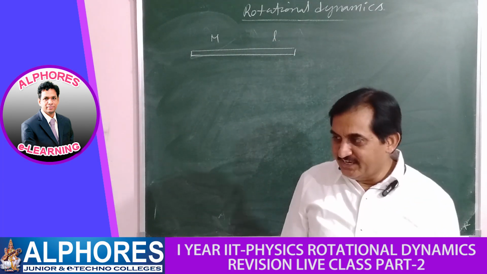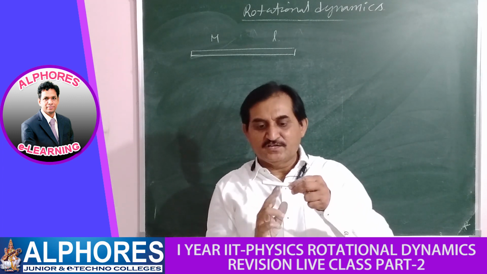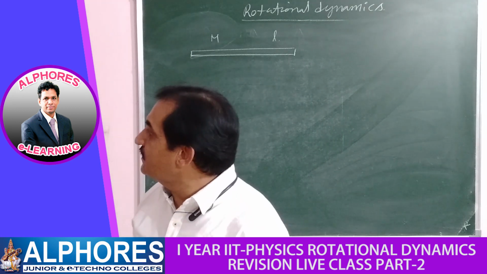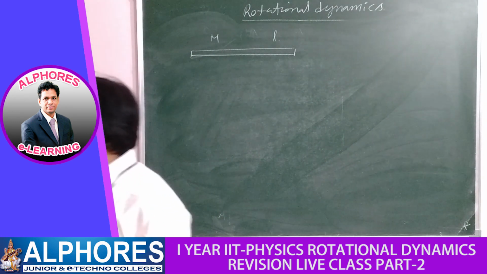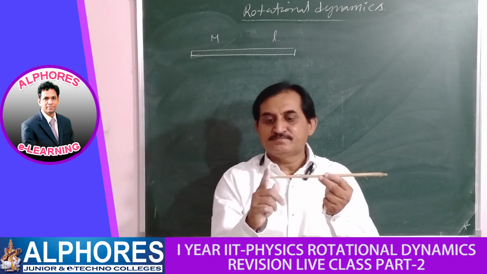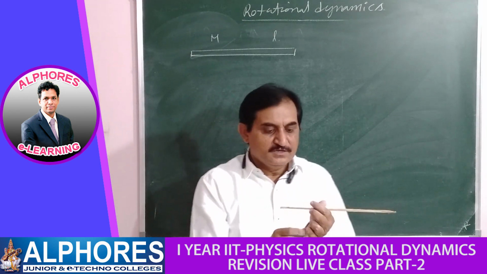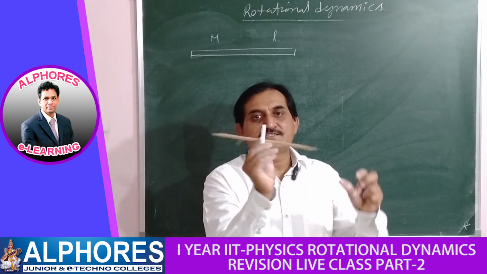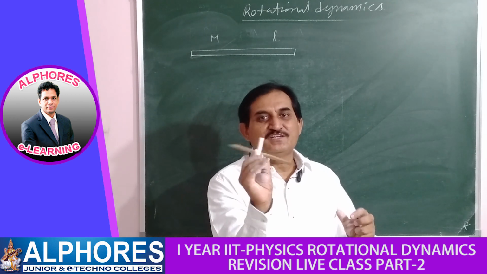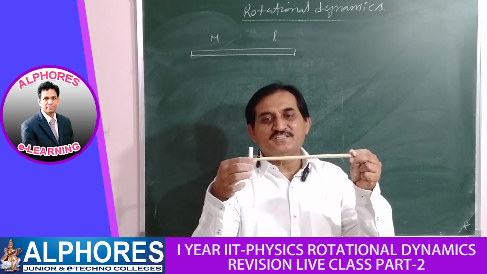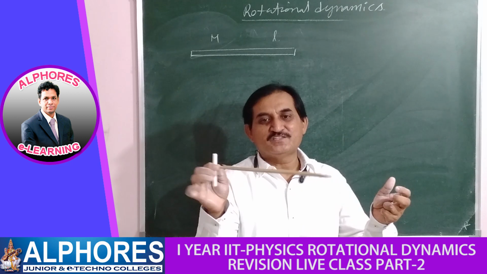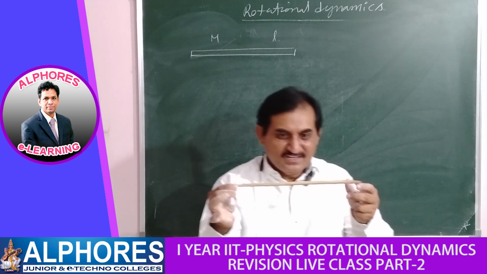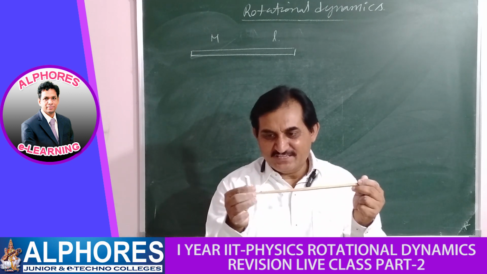This thin rod can be rotated about the central axis like this, and it can also be rotated about another axis passing through one end, perpendicular to its length. It has a moment of inertia about each. So there are two options: about this axis, and about this axis.